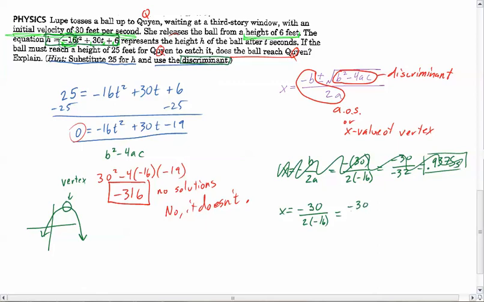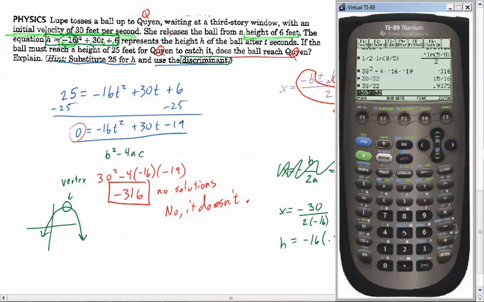So it's still 0.9375. The big deal is, though, that when I plug it in, I'm putting it into the original equation. So h equals negative 16 times 0.9375 squared plus 30 times 0.9375 and then plus 6.